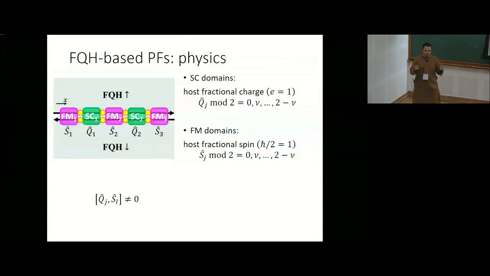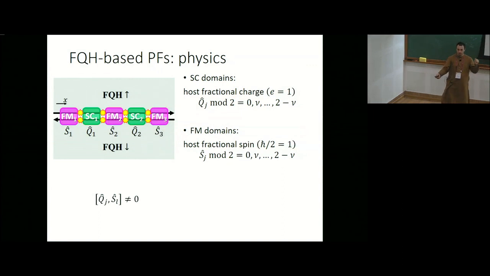So they are like coordinates and momenta, which means that I cannot know charge and spin of all domains simultaneously. I have to choose the fully commuting set, just like I cannot know momentum and coordinate.